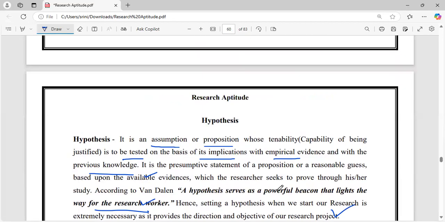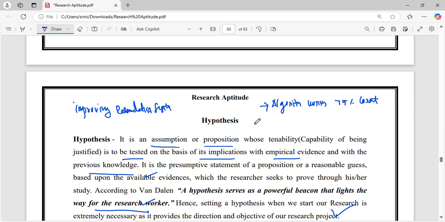For example, I'm saying that, improving the computation system, I would say that a particular algorithm works 75% correct.